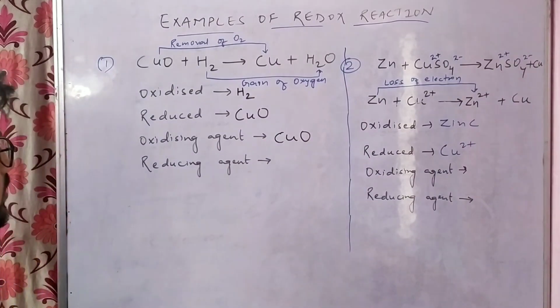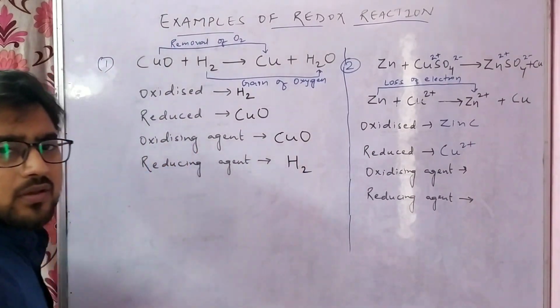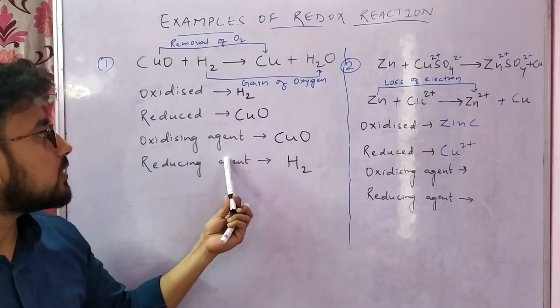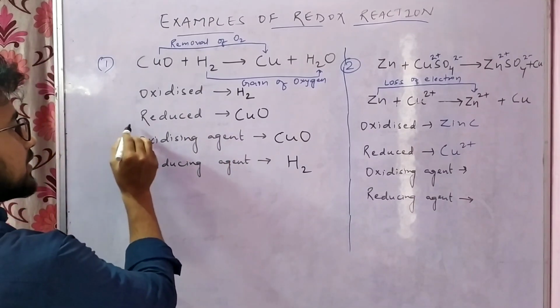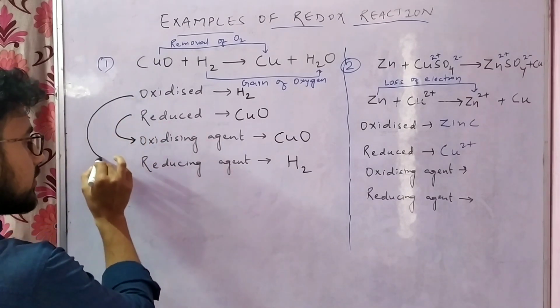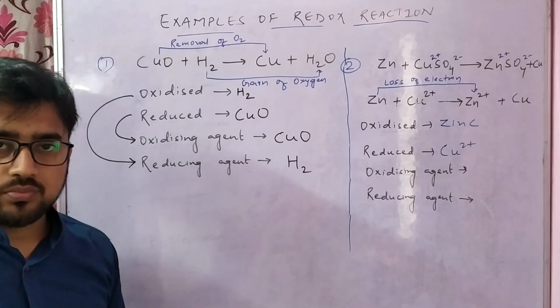Therefore hydrogen is the reducing agent. And there is one trick. The substance which is being oxidized is the reducing agent, and the substance which is reduced is your oxidizing agent. So reduced will be your oxidizing agent and the substance which is oxidized will be your reducing agent. It is always true. Okay.